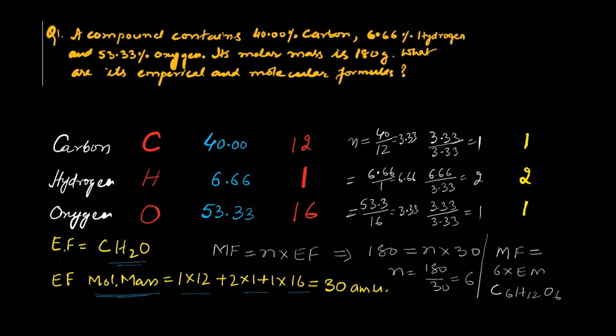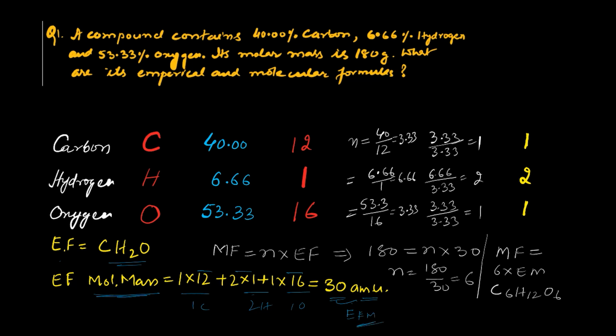And carbon is 1 part, hydrogen 2 part, oxygen is 1 part. And after writing their atomic masses, we got 30 AMU, which is empirical formula mass of this compound.